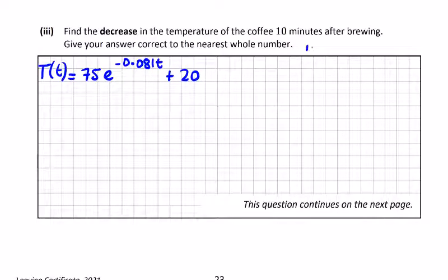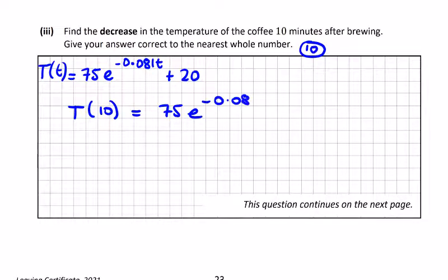So part 3 is worth 10 marks. Find the decrease in temperature of the coffee 10 minutes after brewing. So you're putting 10 into the function, write it as T of 10 is equal to 75e to the power of minus 0.081 by 10. Make sure again you don't put the plus 20 up here, plus 20, and from here it's just calculator use.